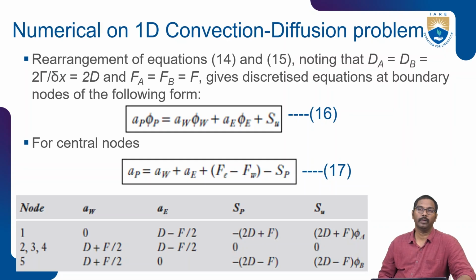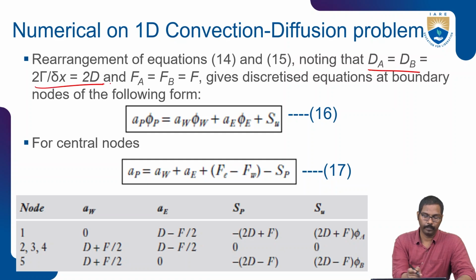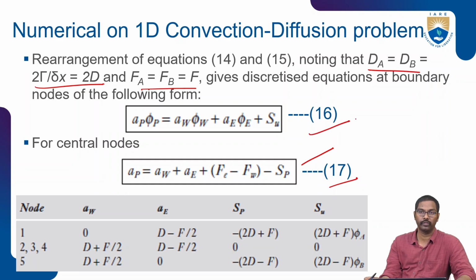Similarly, by substituting for the internal points 2, 3, 4, using the values dA, dB and Fa, Fb, the discretized equations are obtained for the central nodes, equation number 17. Equation 16 is for the boundary nodes.